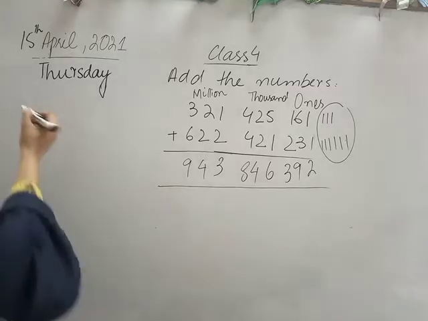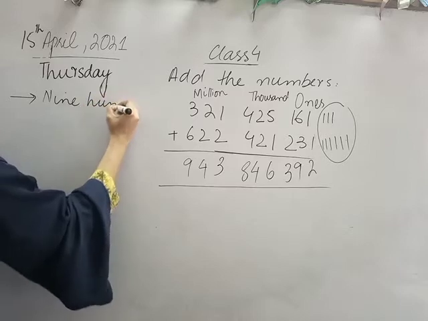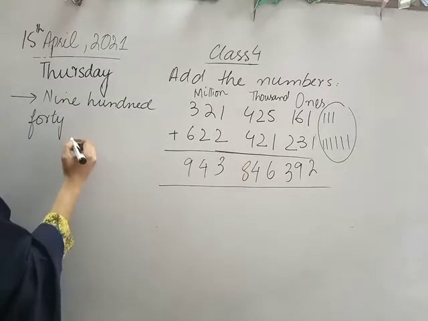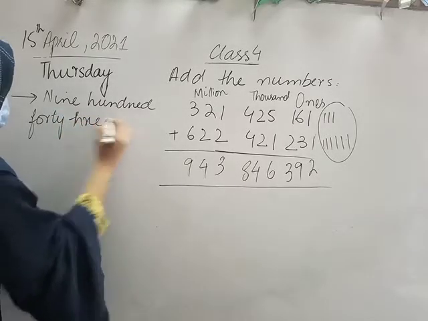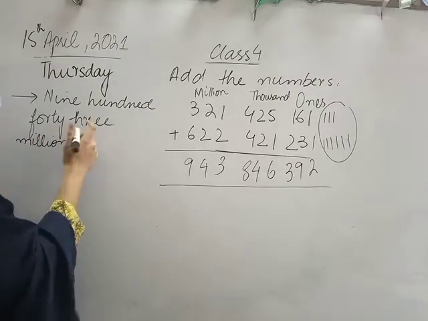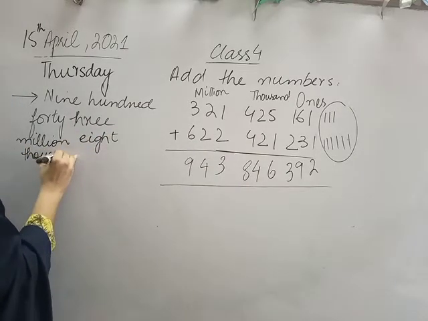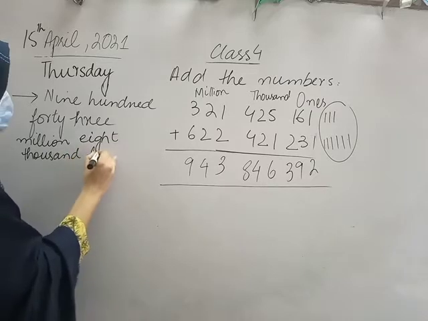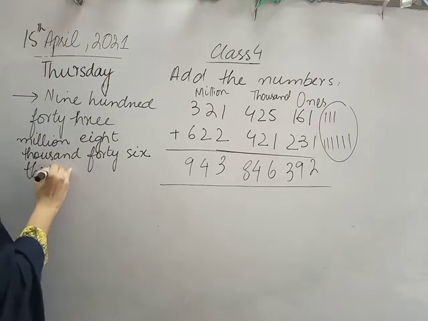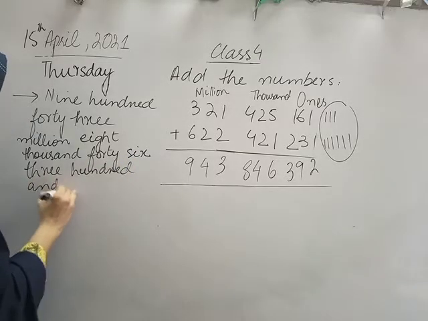Now I am going to write it in words: 943 million, 846 thousand, 392 hundred and 92.